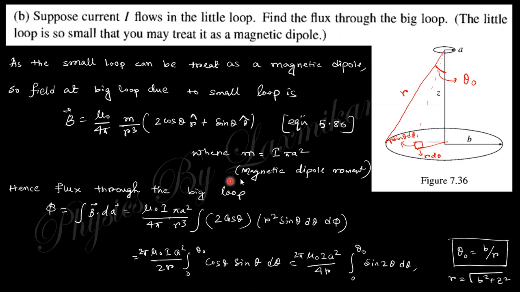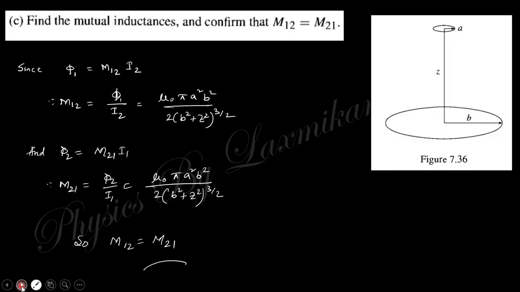So we can conclude that the flux in the small loop when current flows in the big loop, and the flux in the big loop when current flows in the small loop, are the same. Okay, these two are equal. The induced fluxes are equal in these two cases. Next, find out the mutual inductance and confirm that these two are equal.